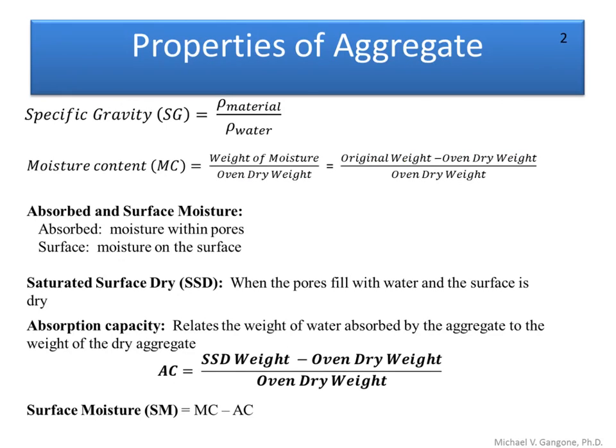We can calculate the absorption of the aggregate if we know the surface dry weight minus the oven dry weight, divided by the oven dry weight. That'll tell me what the absorption of the aggregate is. And then finally, surface moisture is just the difference between moisture content and the absorption. Okay, so again, just some things to keep in mind.